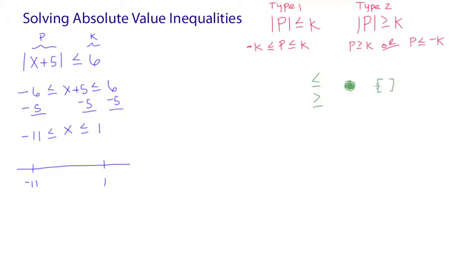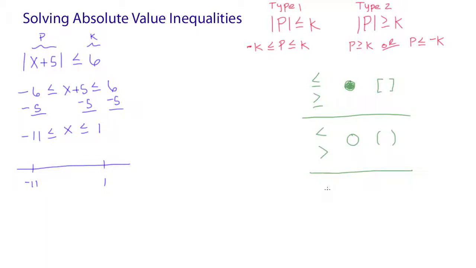And the square brackets just means that whatever number you have is included in this inequality. So that is very important. And then if you have less than or greater than, it's an open circle, and it's parentheses, meaning that it's not included. The number is not included when you put parentheses, or the circle.